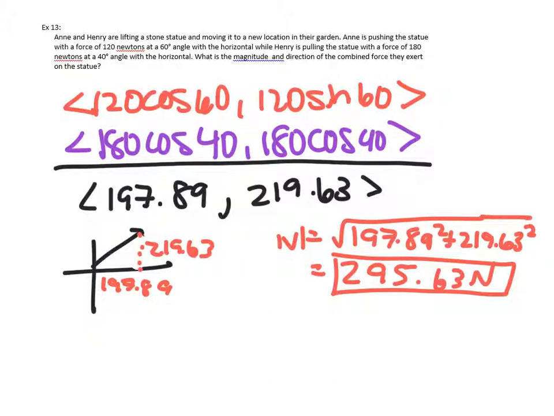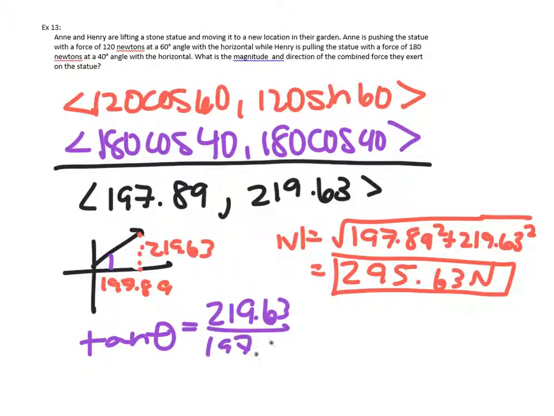Let me change it on my paper. And then if I want the direction, since we're in the first quadrant, that one's going to be easy. I'm just going to do tangent of theta equals my opposite over my adjacent. So you just need to do second tan in the calculator, and you should get 47.98 degrees from the horizontal.